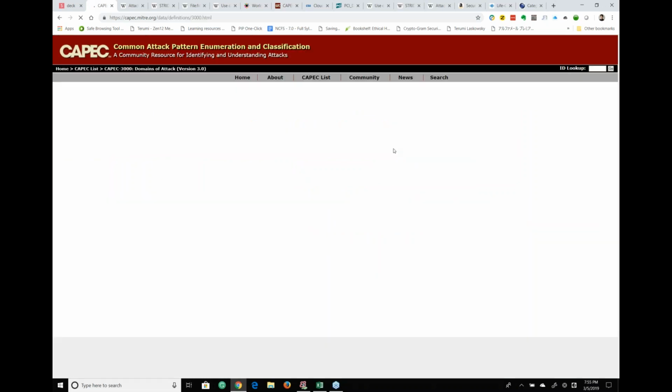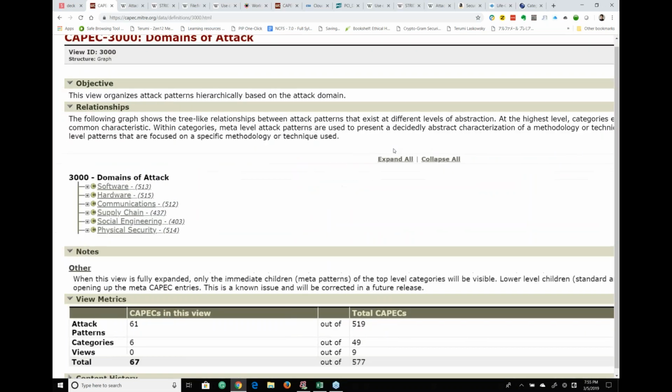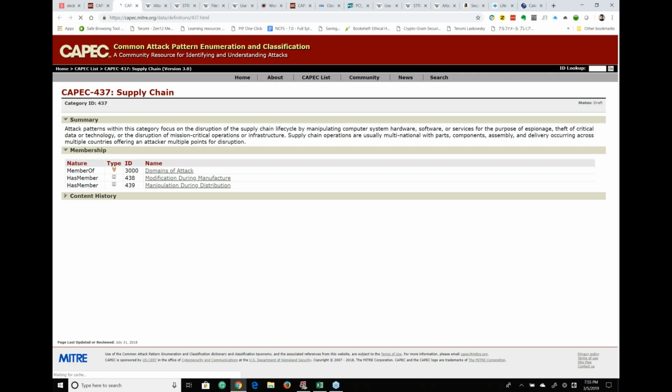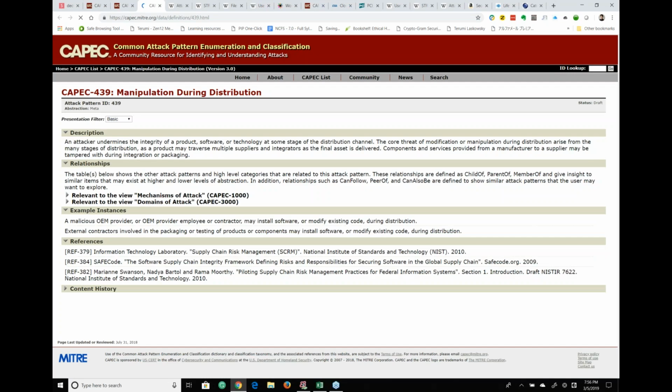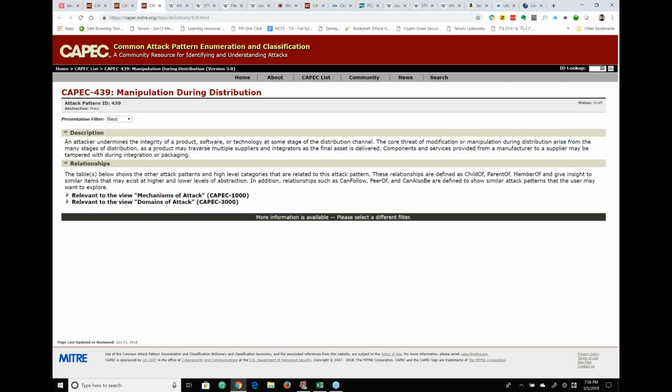Let's say supply chain, if you're designing a supply chain system. They'll give you: modification during manufacturing, modification during distribution. There are like 439 of these things. They just give you a list of all the possible ways that people can attack the thing.